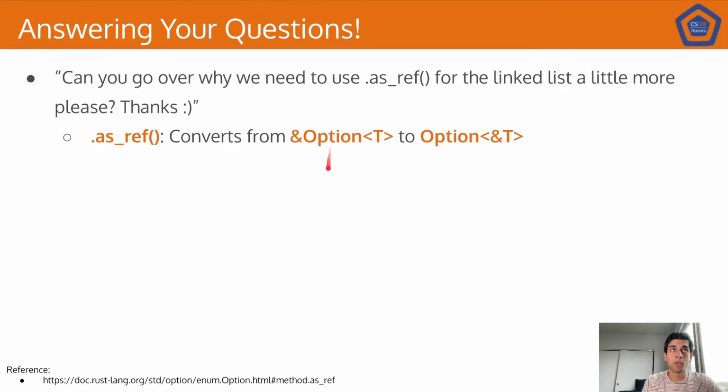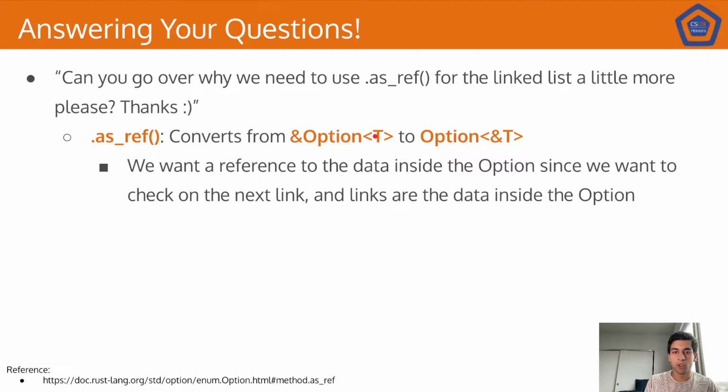Remember from ownership, whenever we have some data inside a type, that type, so this Option, owns this data. And so if we have a borrow to this Option, what we can do is create a new Option, but the Option contains a borrow to the data. Slightly confusing, but this is super useful when we want to manipulate the inside link or check the inside link, see if there's some data that we want, see if there's some valid link, whatever it may be.